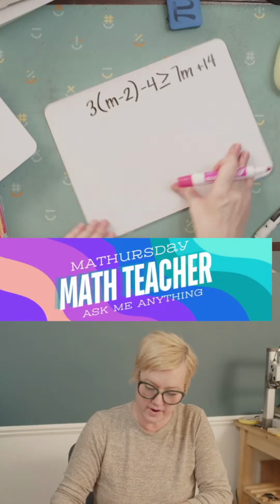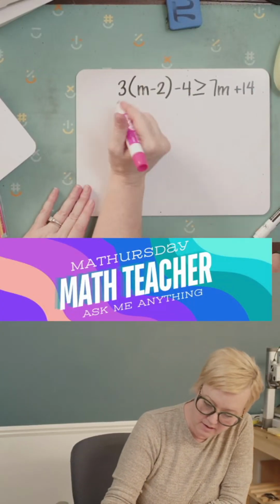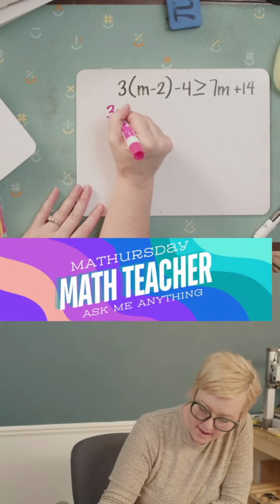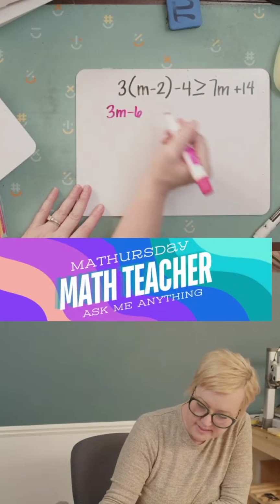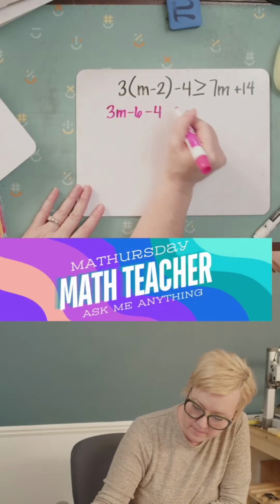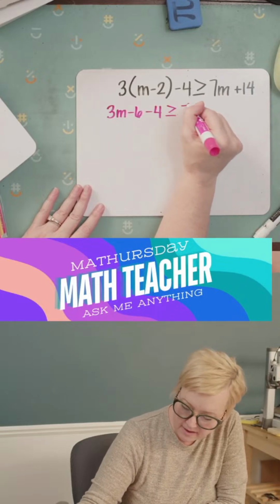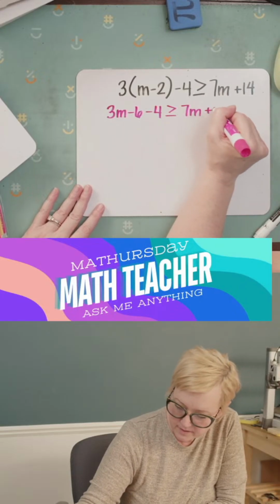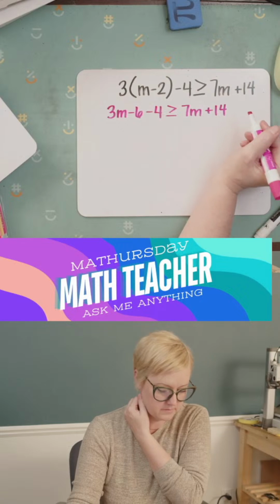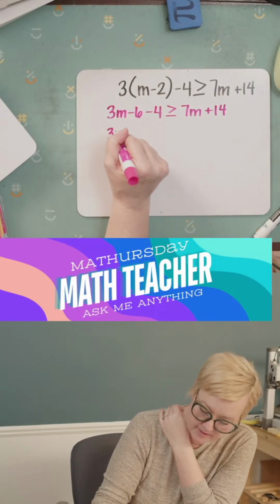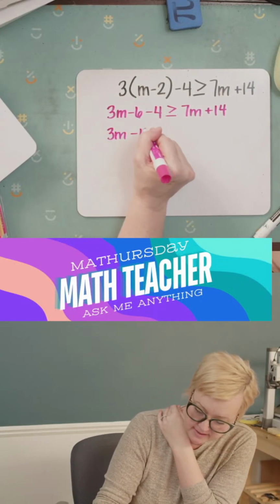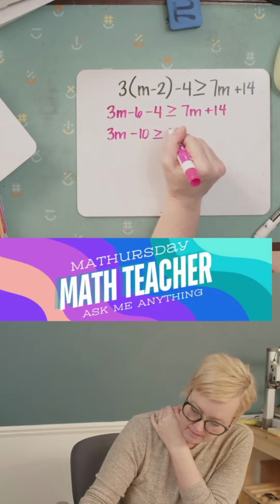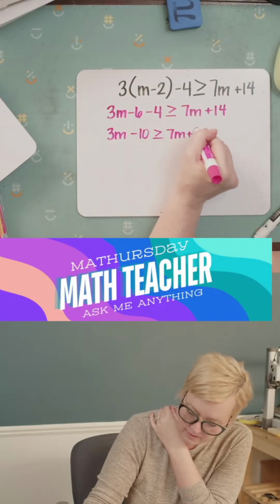All right, so I'm going to distribute that 3. So I've got 3m minus 6 minus 4 greater than or equal to 7m plus 14. I'm going to keep simplifying on both sides just by combining those like terms.